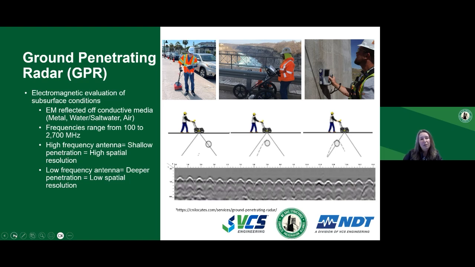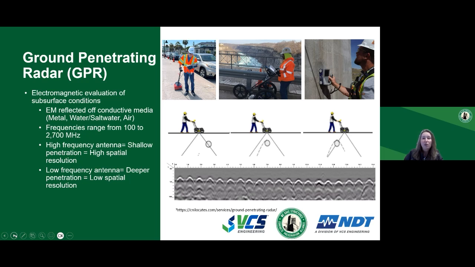Another versatile condition evaluation technique that we use quite often is ground penetrating radar. GPR is a non-destructive electromagnetic testing method that sends electromagnetic waves into the media that you're testing. So typically that's concrete or soil.